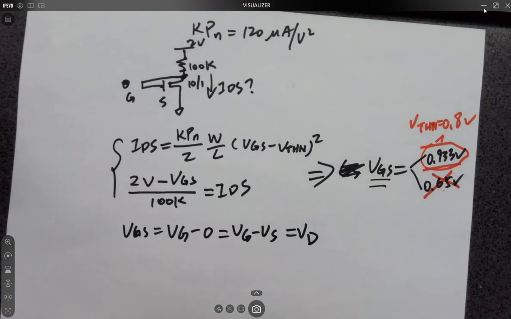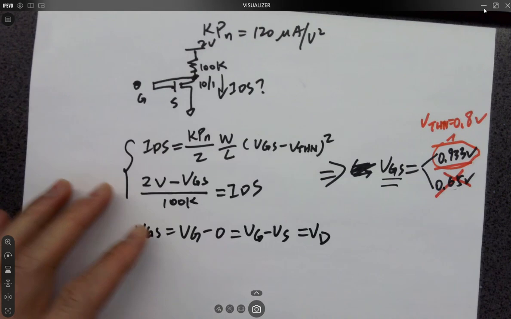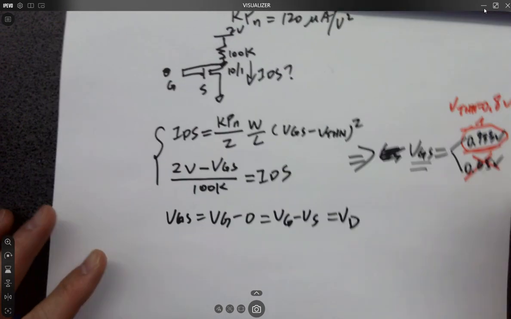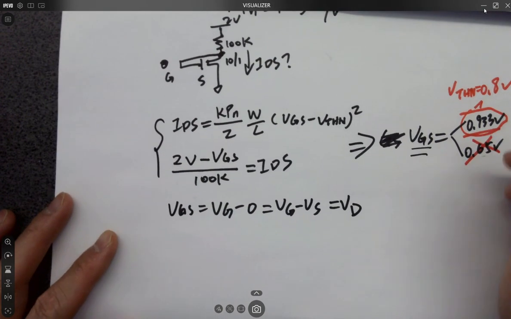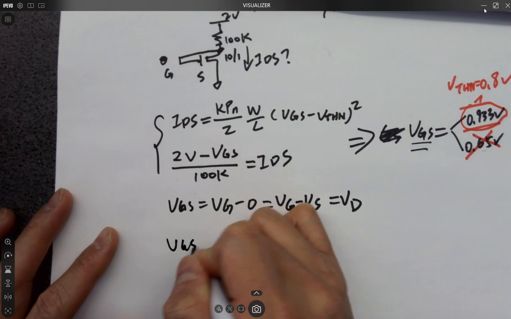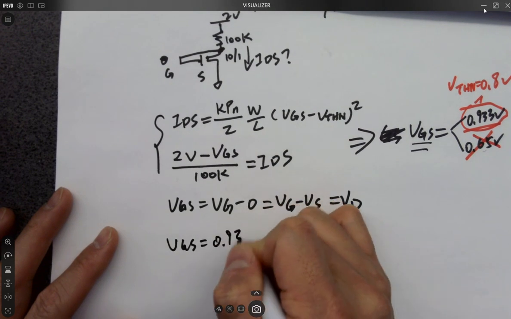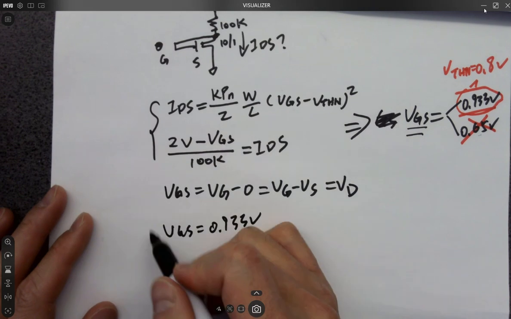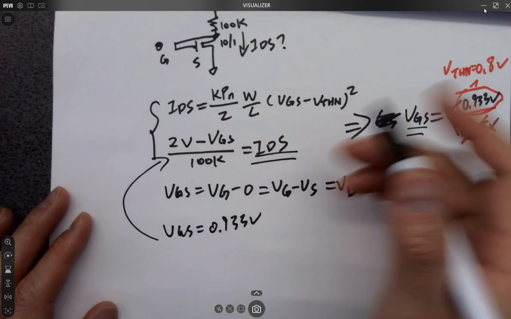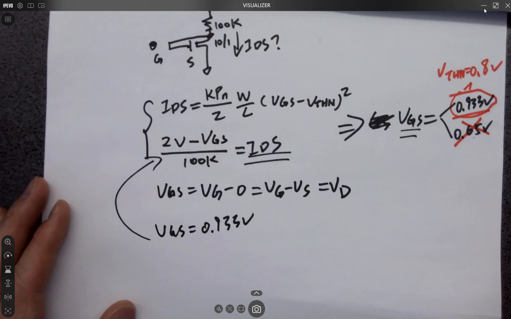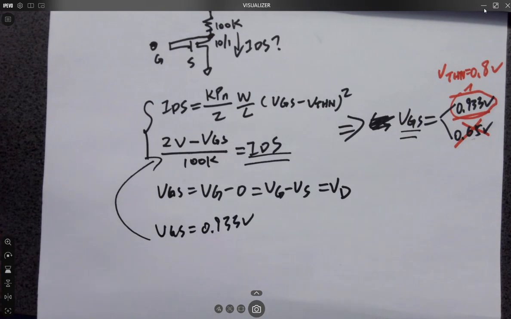This is the fake one. So eventually I pick up this one, which makes things possible. So VGS eventually equals 0.933 volts, and you plug into here, you can calculate IDS. Okay, so it's just a practice on square law equation.